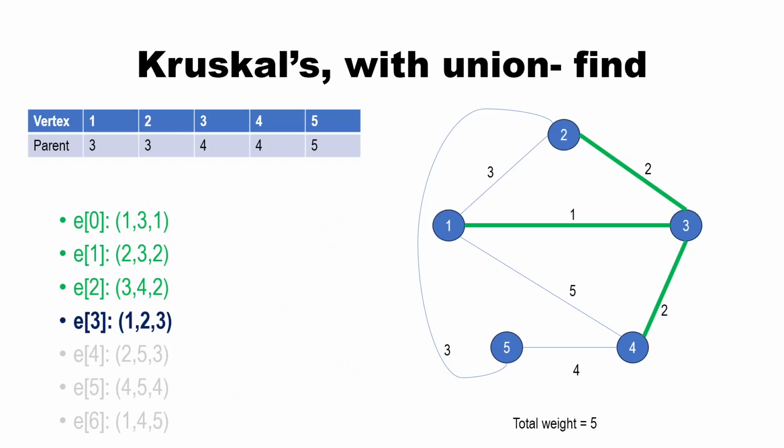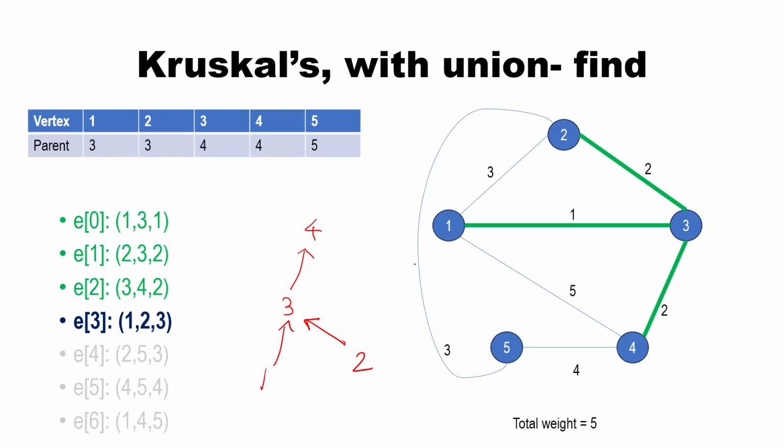Okay, so that is done. Now when we try to add the edge 1 comma 2, I will again draw this, to remind you what is happening over here. If you take a look at the disjoint set data structure right now, the parents of 1 and 2 are 3.